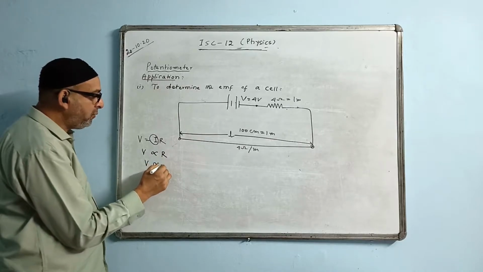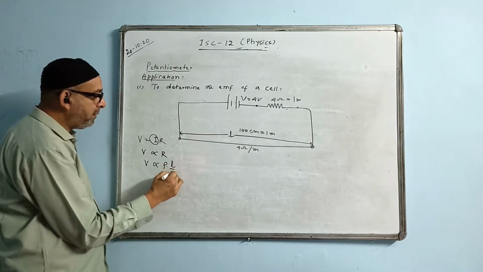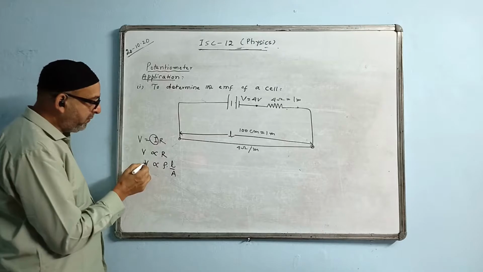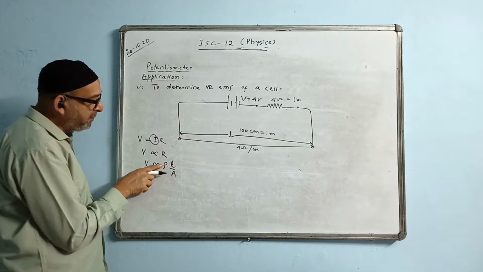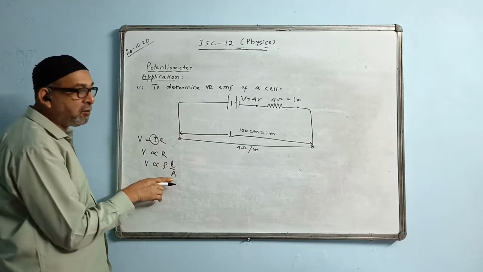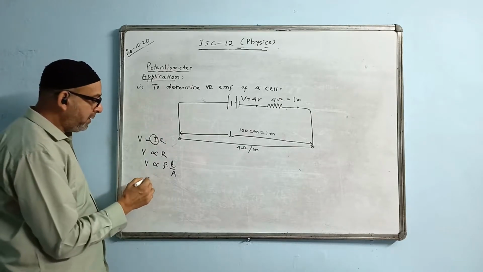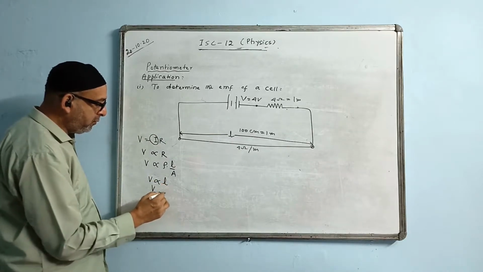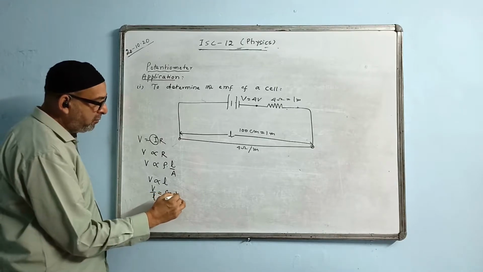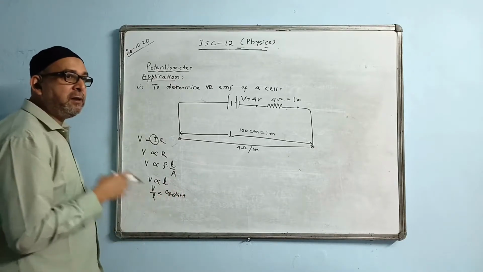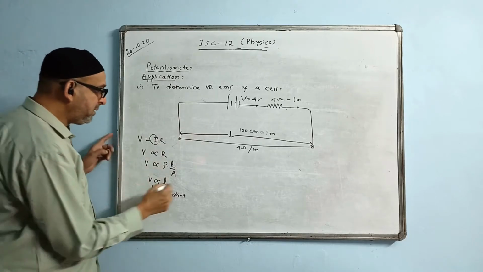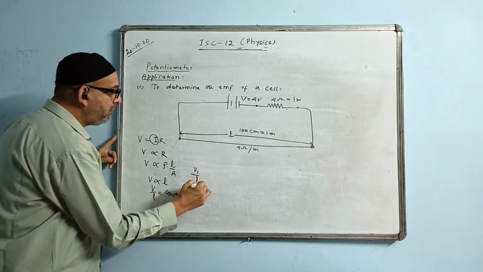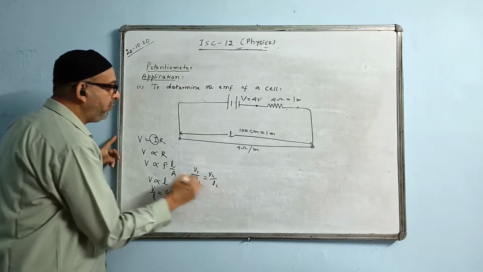R is equal to rho L by A. That is, V is proportional to length, provided the resistivity is the same and the area of cross section of the wire is the same. That means V is proportional to L, that is V by L is equal to a constant. That constant we can denote by K or anything else. If there are two such cases, then we can write V1 by L1 is equal to V2 by L2.